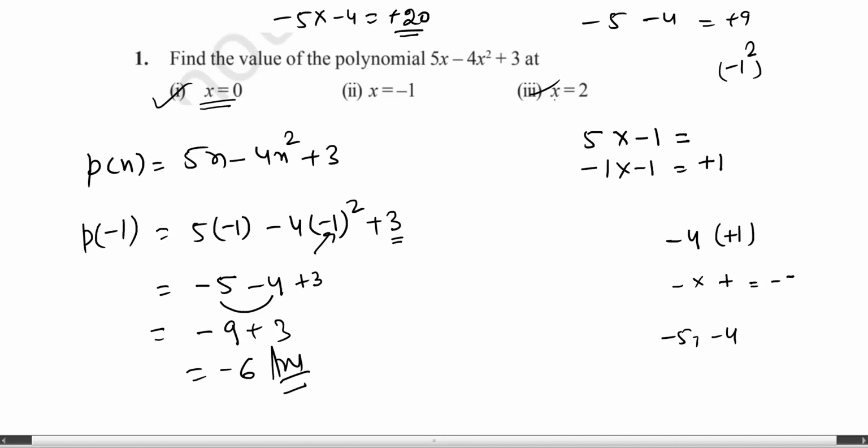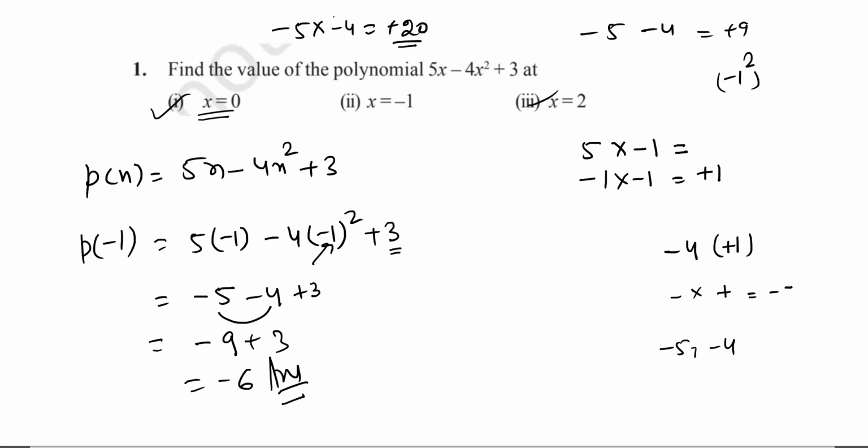When you put the value of x equal to 2, you get -3. Okay, let me check. Albina, what did you get? Sir, for the first one, I got 3 as the final answer. Positive 3 for the first one.